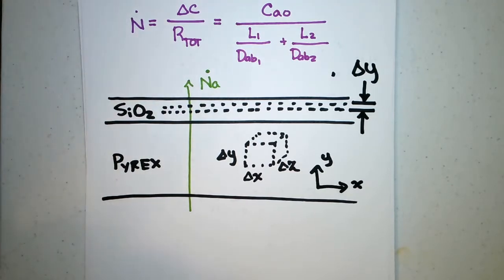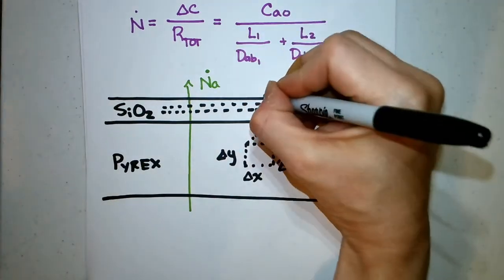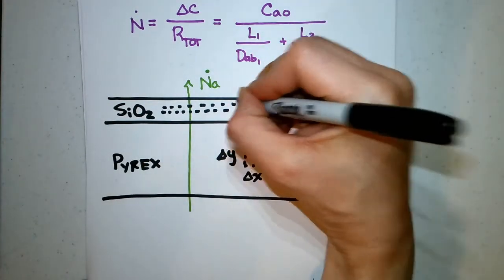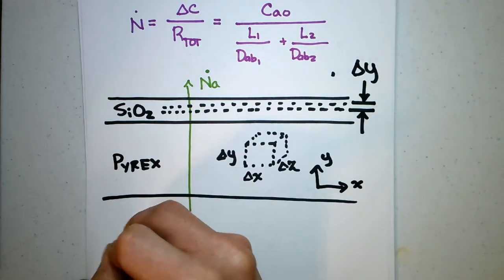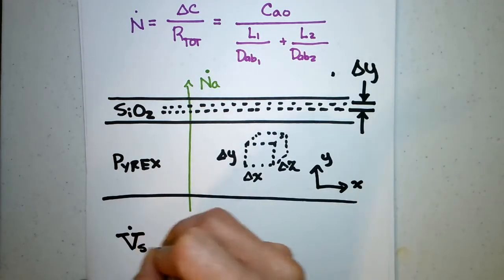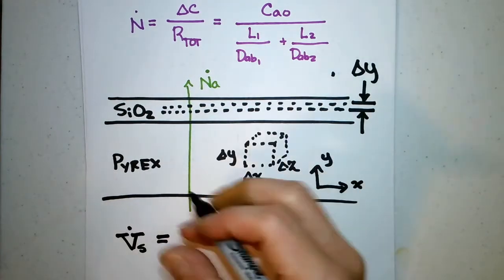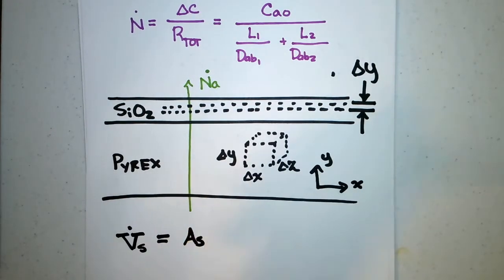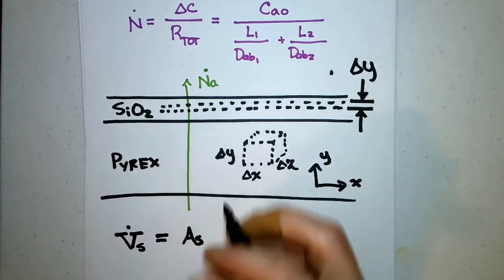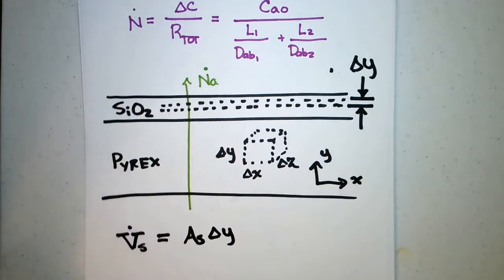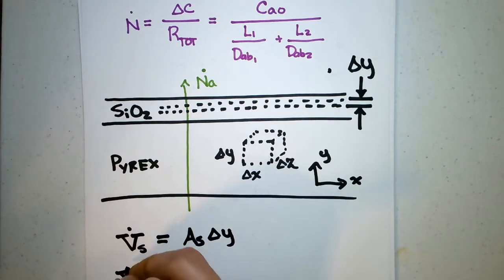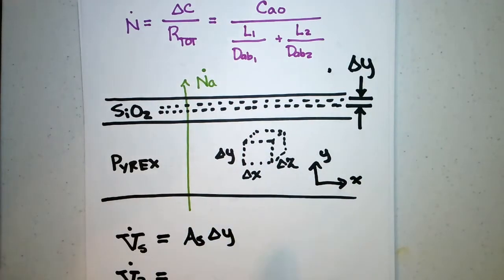With the Pyrex, I'm going to go through the same derivation that we've already seen. So here, the volume for the SiO2 is going to be the surface area, a large surface area, times delta Y. The volume for the Pyrex is going to be delta X, delta Y, delta Z.